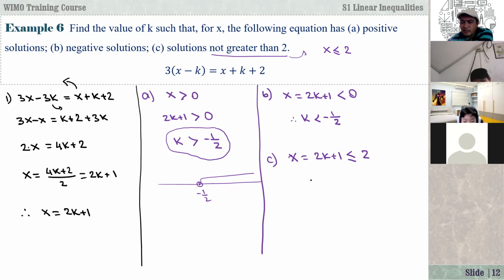Take one to the right hand side, right? 2 times k is less than or equal to 2 minus 1, that's equal to 1. Now divide both sides by positive 2, so k will be less than or equal to 1 over 2. So when k is less than or equal to 1 over 2, the solutions of this equation will be not greater than 2.